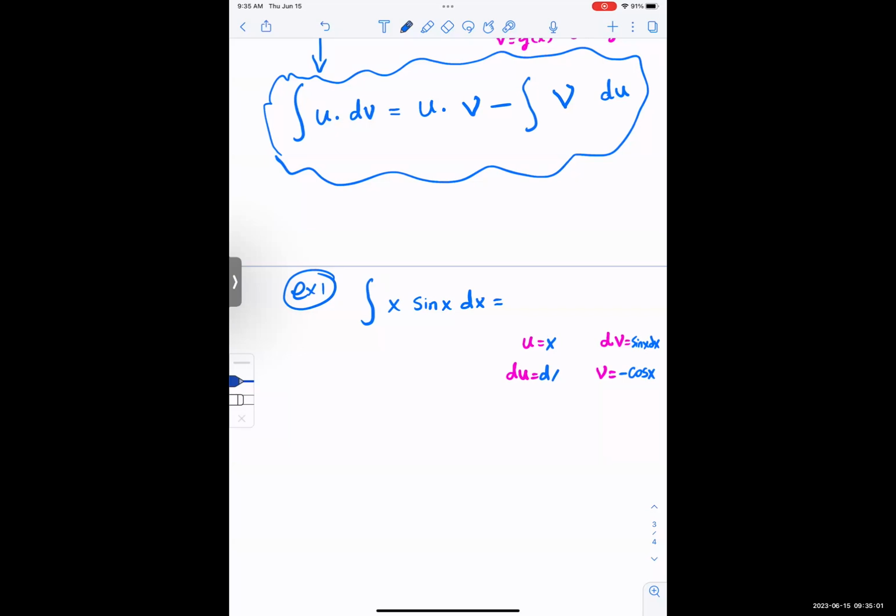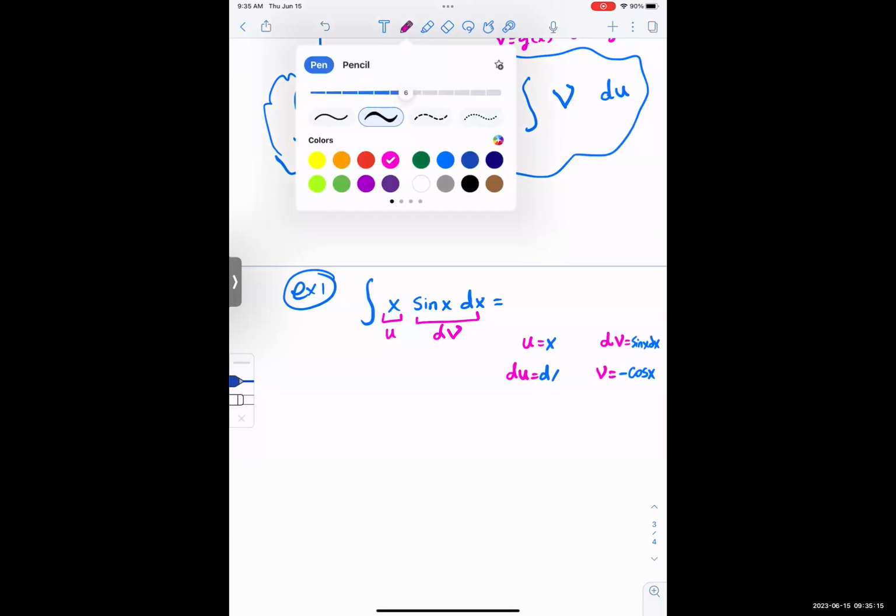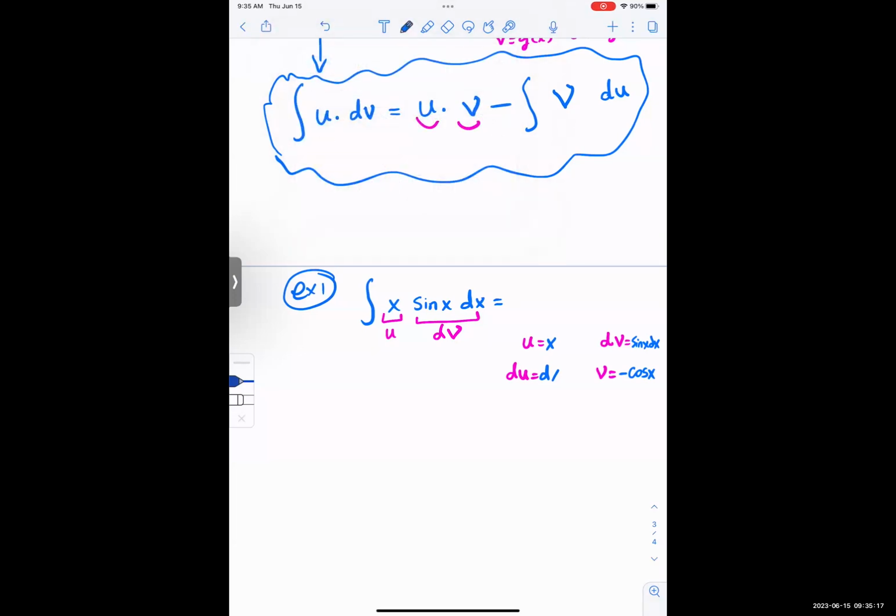As soon as you set this up, you follow the formula. You say, I have u and dv. On the other side, the formula says multiply u and v: uv, negative x cosine x, minus the integral.